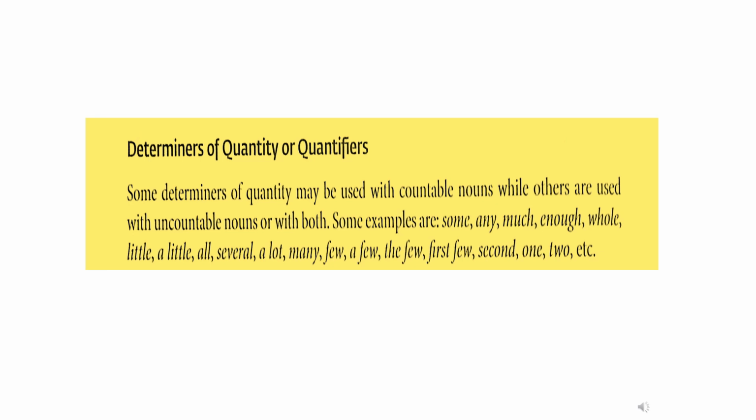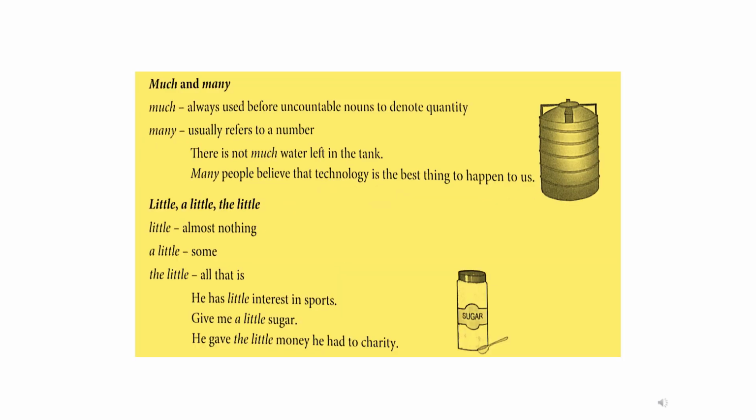Some examples are some, any, much, enough, whole, little, a little, all, several, a lot, many, few, a few, the few, first, second, one, two, etc. Some of these determiners are easily confused and hence incorrectly used.